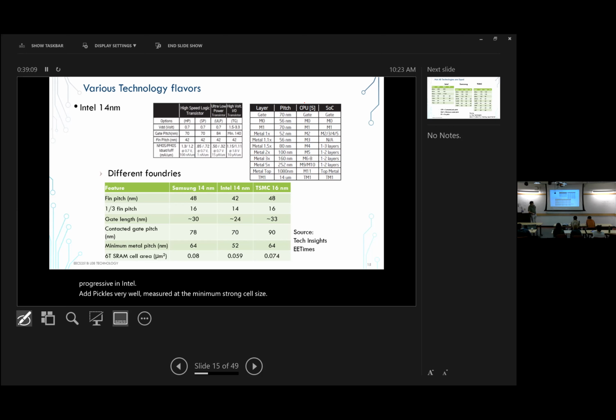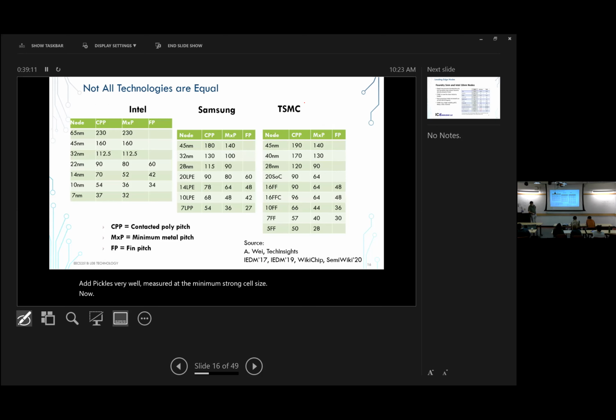Now, if you compare these technologies, all you can carry away from this slide from about 2 years ago is going down to 7 and 5. What each of these technologies meant was that they were simply not created equal.